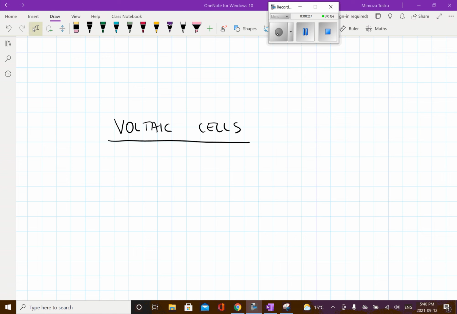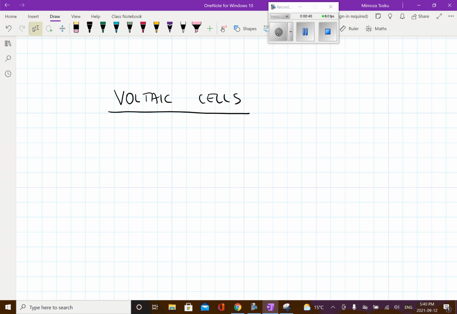So when we are talking about voltaic cells, some textbooks or some people call them galvanic cells, but they are the same. Voltaic cells are equipment that produce electricity as a result of a chemical reaction.